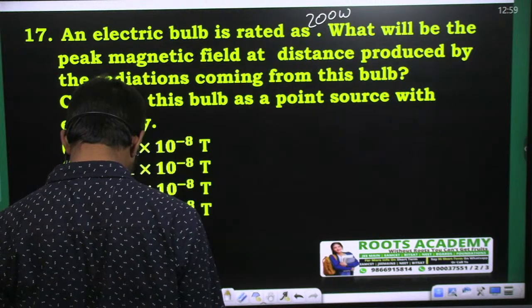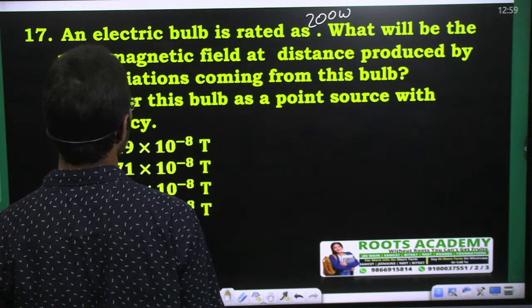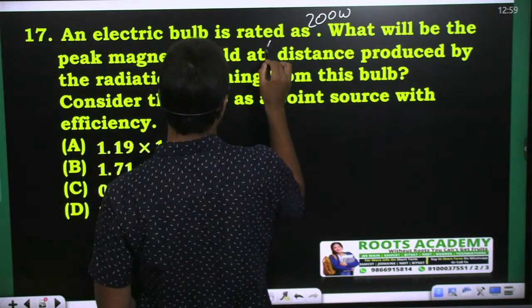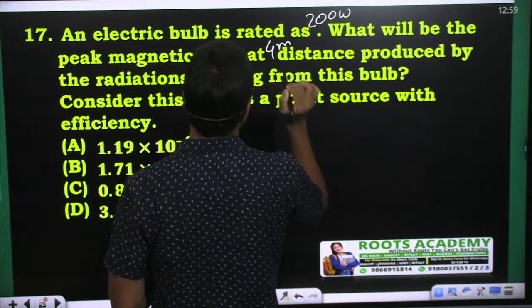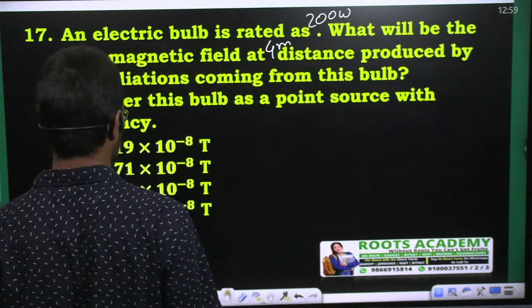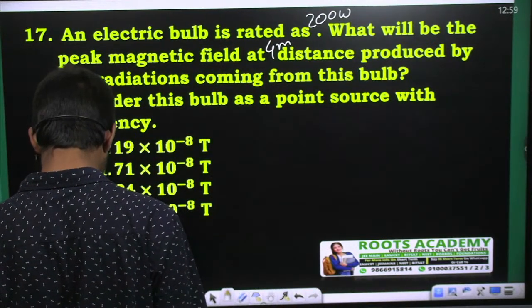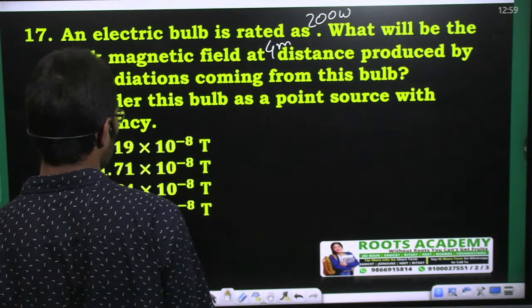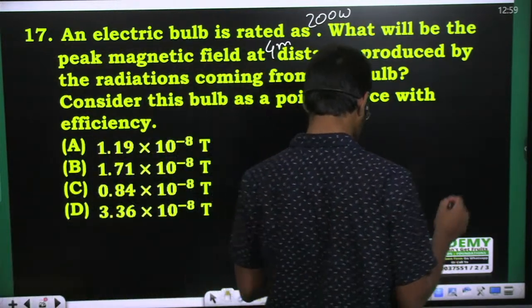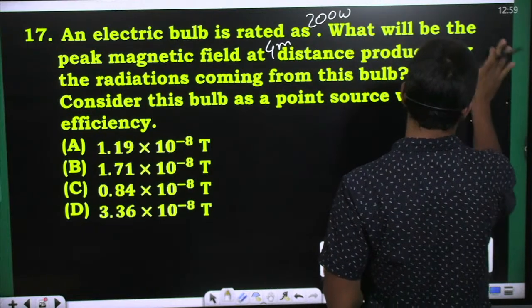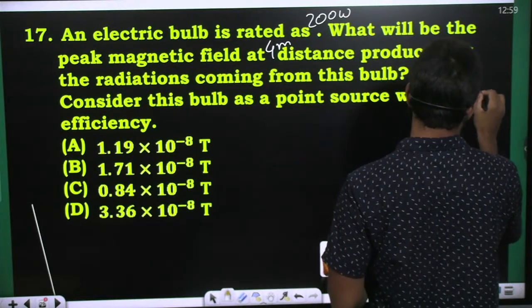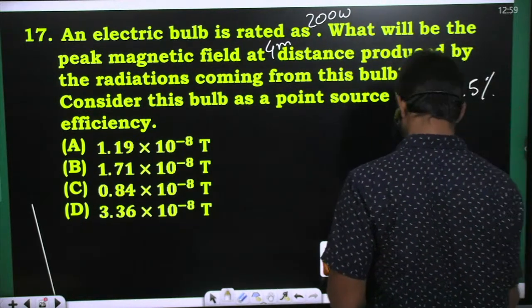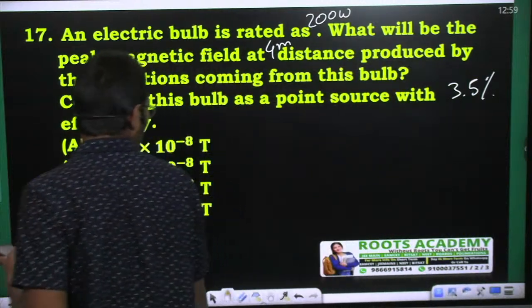The question is incomplete actually. Consider the bulb as a point source with 3.5% efficiency. So how do you solve this?